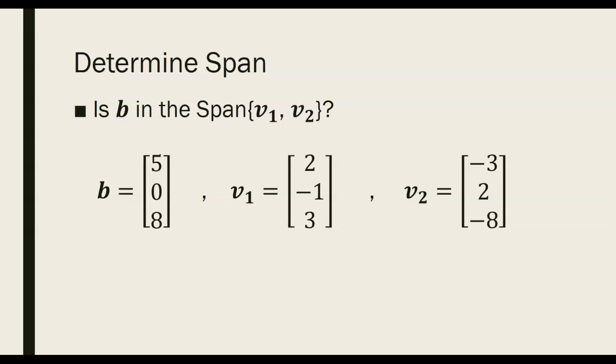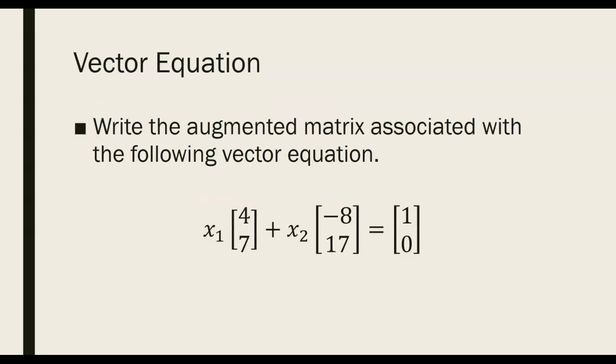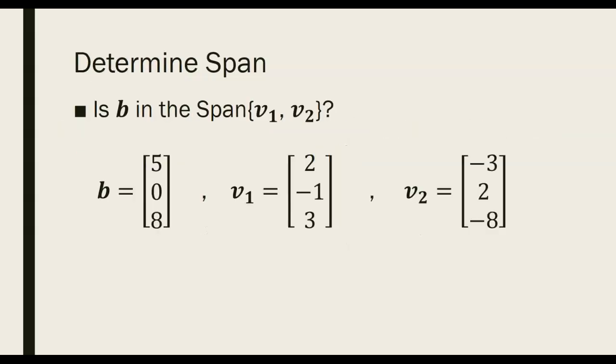So the span is all linear combinations. So in the span means b is a linear combination of v1 and v2. I want you to push pause on the video and utilize the vector equation and augmented matrices to determine if b is in the span of v1 and v2.